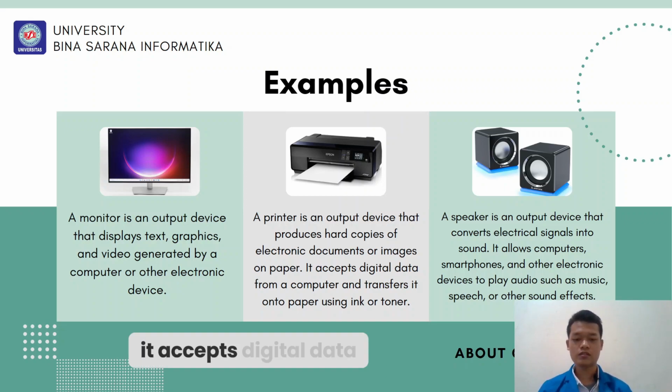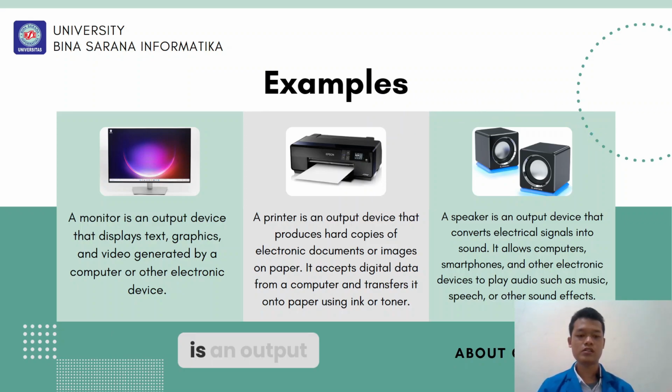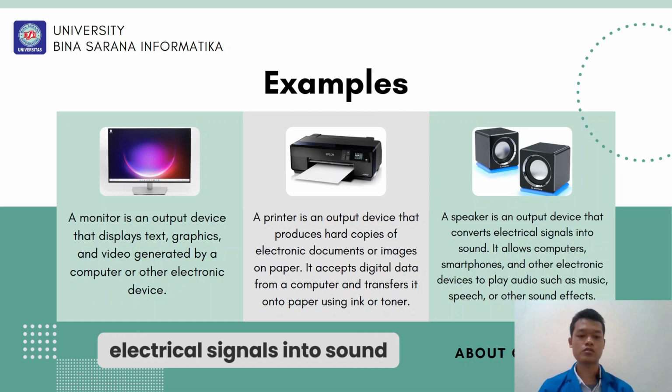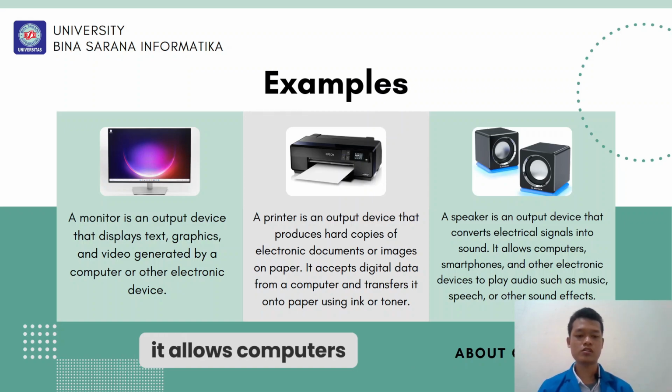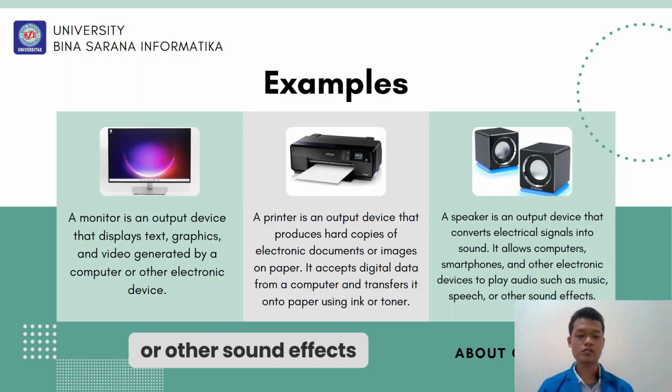It accepts digital data from a computer and transfer it onto paper using ink or toner. And the third is a speaker is an output device that converts electrical signals into sound. It allows computers, smartphones, and other electronic devices to play audio such as music, speech, or other sound effects.